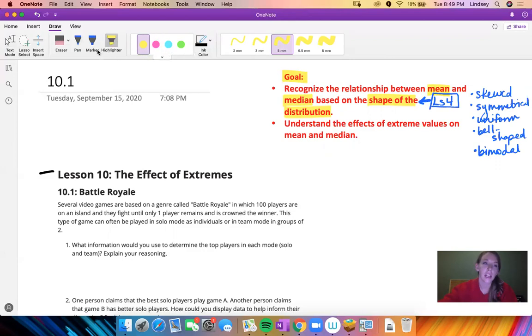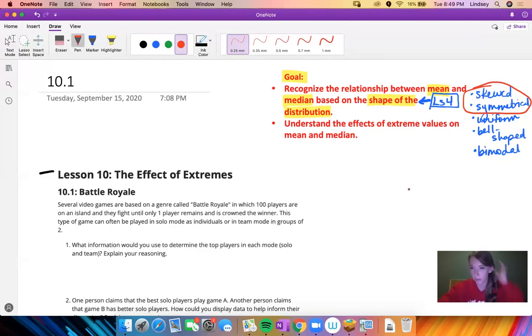But in this section, we're mainly going to be focused on these two right here. It is important that you do know these other terms and what those mean.